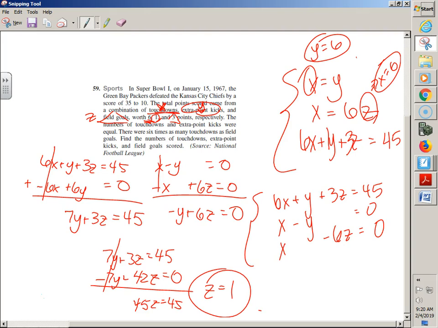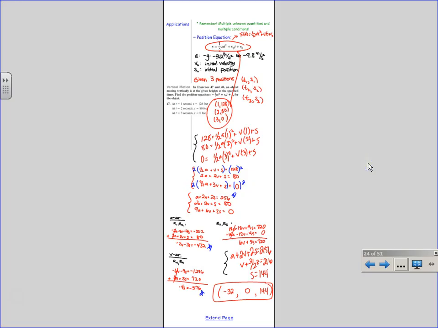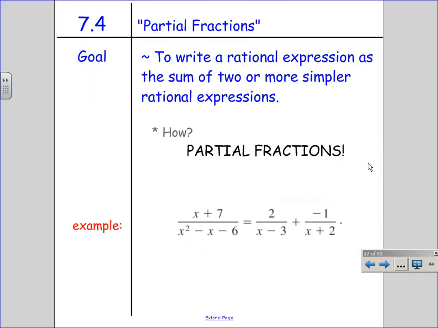We only have 7 minutes to get into section 7.4, but we're going to do it. Remember, when you're doing homework, have your notes close. I know that the Super Bowl thing was a little weird. I know making your own system is a little weird. So those application problems, I totally expected those questions.